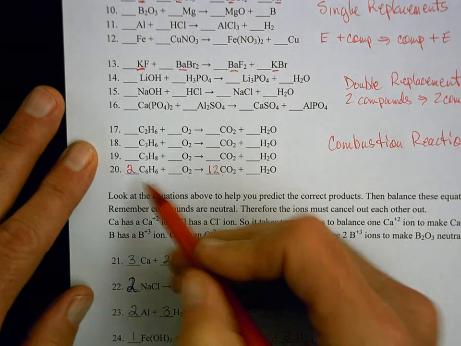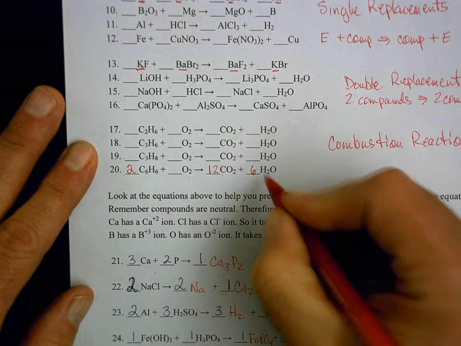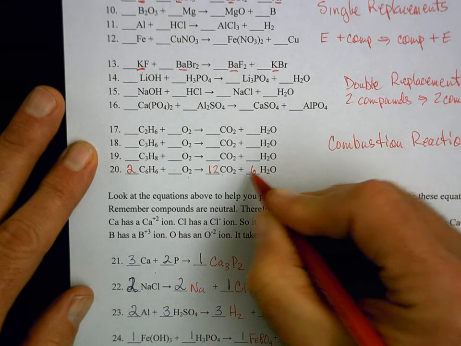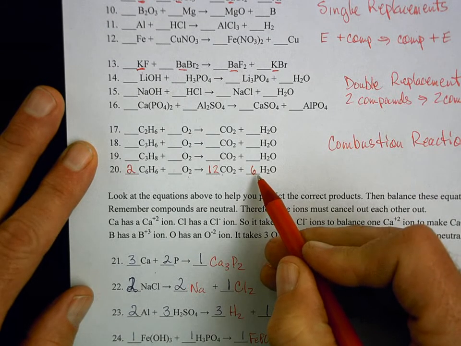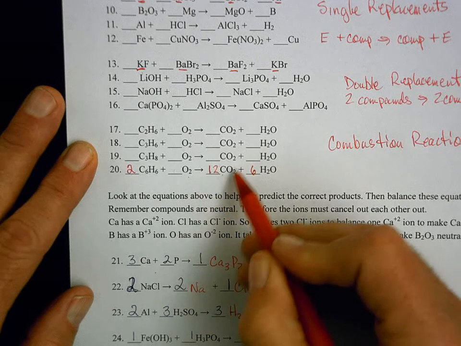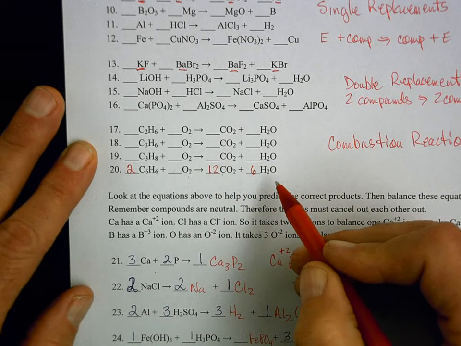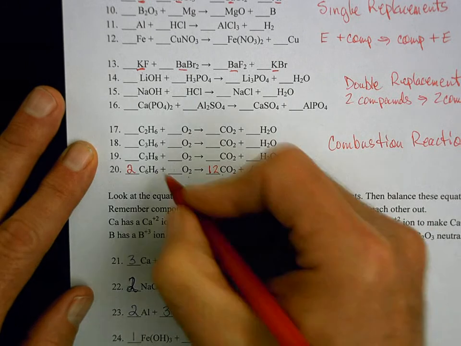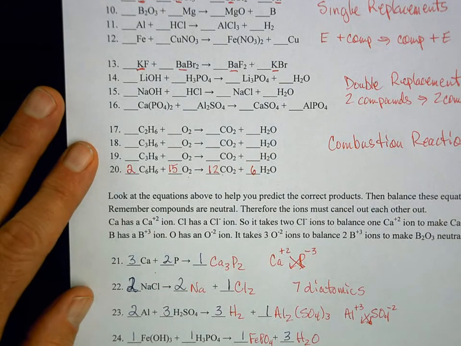Now I look at my hydrogens, 2 times 6, that's also 12. So I need a 6 there to make 6 times 2, 12 hydrogens on this side. But that's now an even number, and therefore I can go 12 times 2, 24 oxygens here, and another 6 there. So that's a total of 30. And so I need a 15 to keep it balanced.